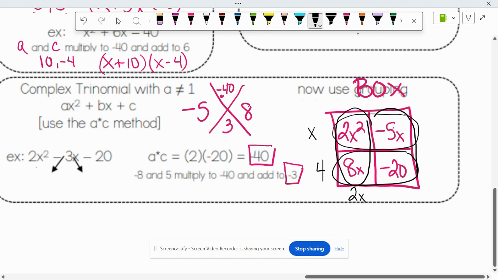What's the greatest common factor between a negative 5x and a negative 20? Notice that these are both negative. That means that your factor is going to be negative 5. You had a negative factor and a positive factor. Here's your negative factor right here. That means this one is joined with a plus. So your factors are x plus 4 times 2x minus 5.